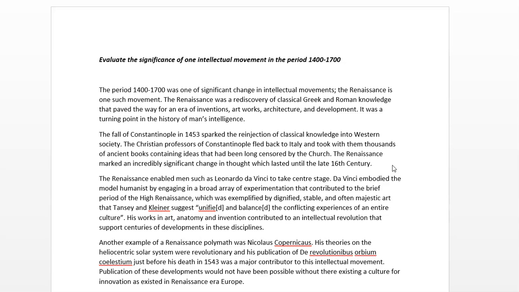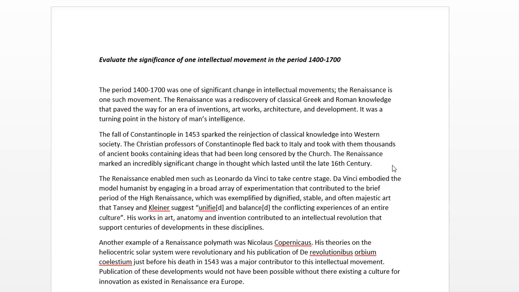My next two paragraphs then, I'm looking for some more specific detail to support my evidence. So I'm going to look at two key thinkers in these paragraphs. The first one is going to be Leonardo da Vinci. The Renaissance enabled men such as Leonardo da Vinci to take centre stage.